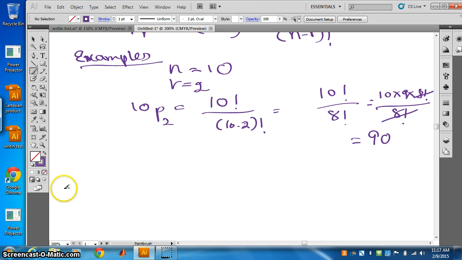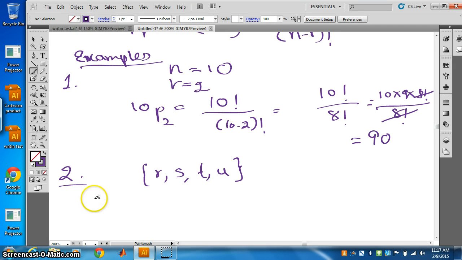One more example. Example 2: compute the number of permutations of the set R, S, T, U. How many permutations will there be?